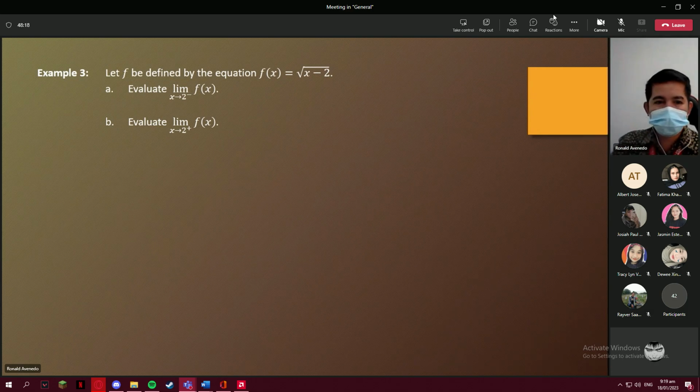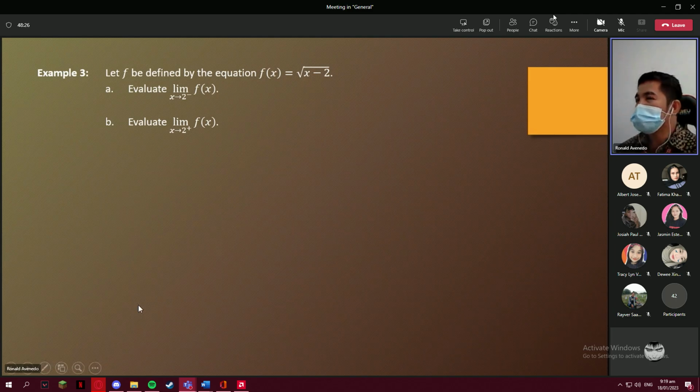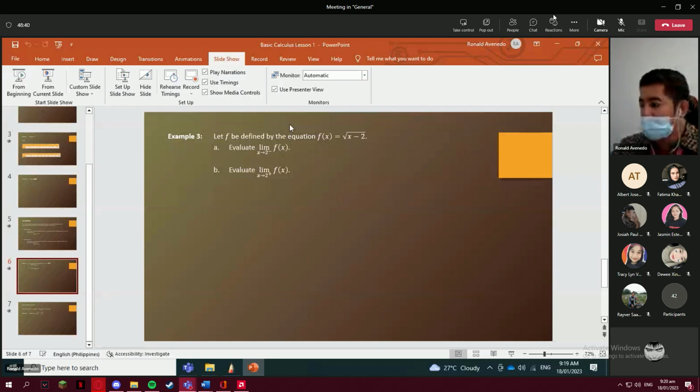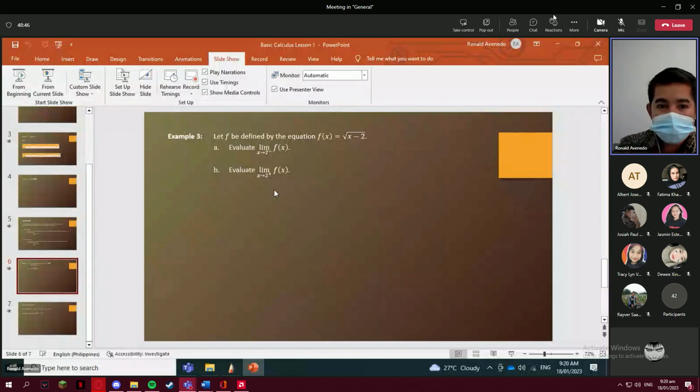Solution. By the way, I'm going to solve. Di ba? We're solving naman both the left and the right side of the limit kanina dun sa ating table. Meron kaya itong left limit or right limit or both limits exist?